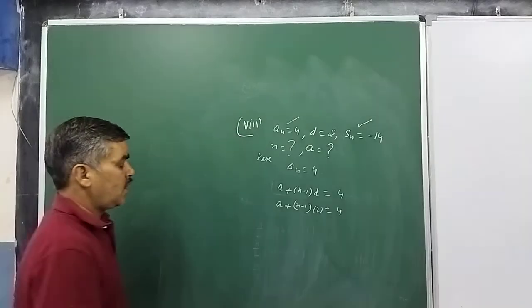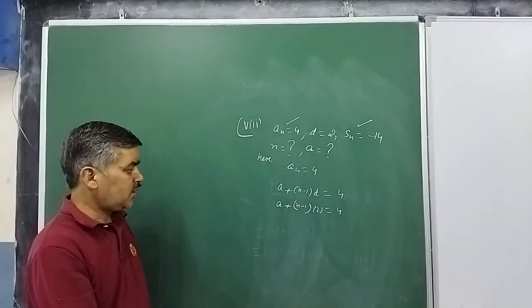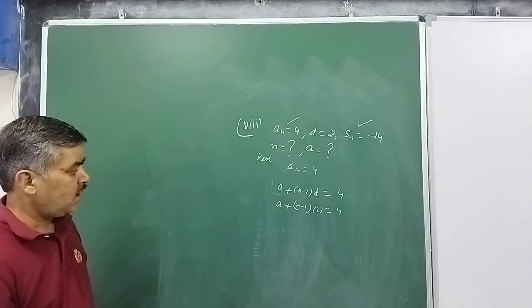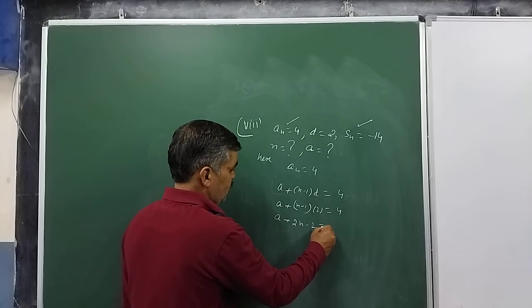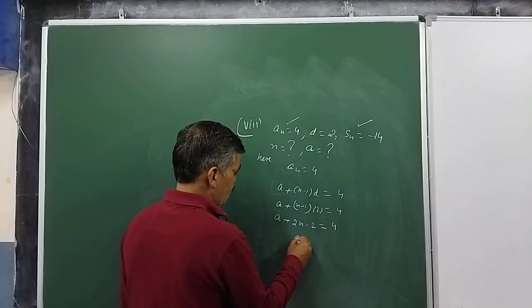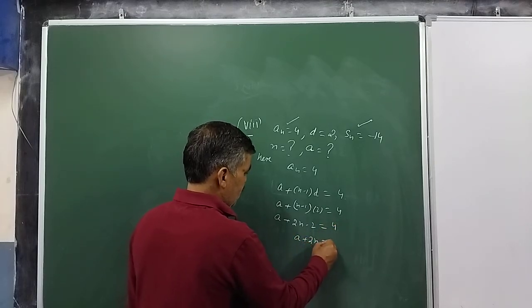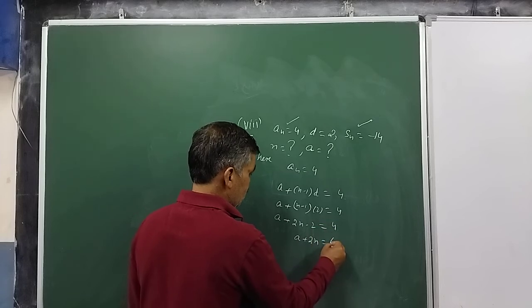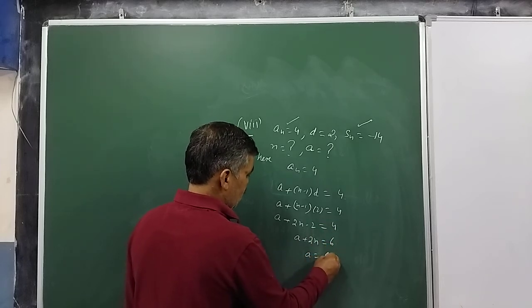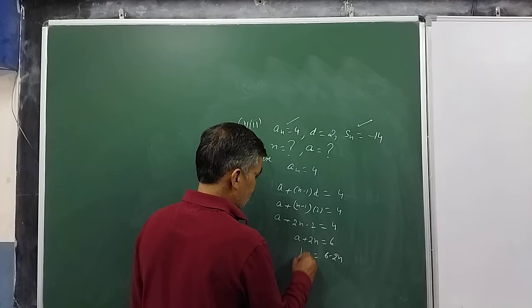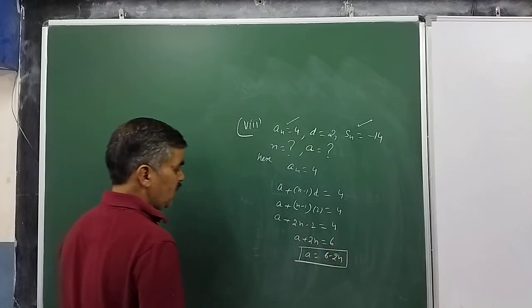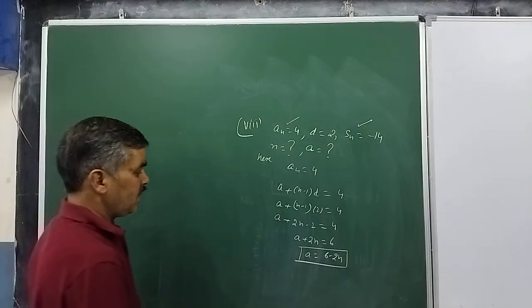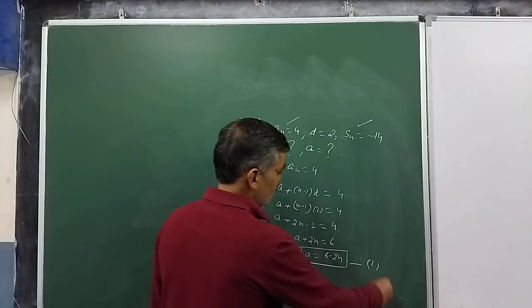So a plus 2n minus 2 is equal to 4. So a plus 2n is equal to 4 plus 2 is 6, or a is equal to 6 minus 2n. Either you write n in terms of a, or a in terms of n, and give it number 1 as per your own convenience.